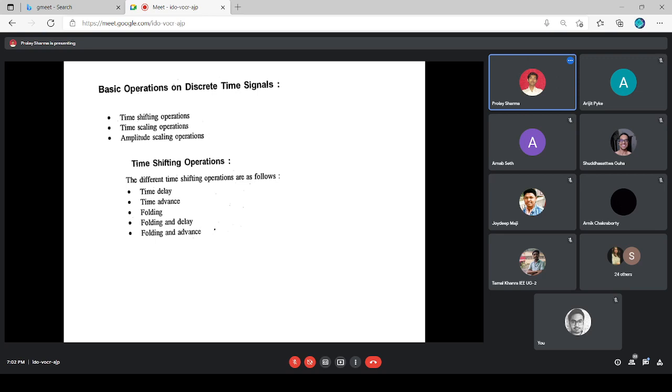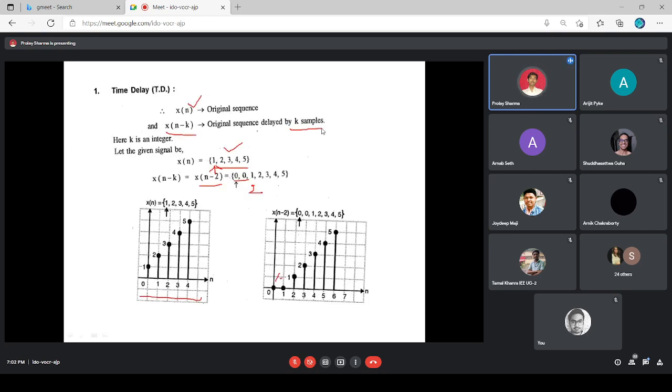We can magnify the signal. So different kinds of operation we can perform on signal. First one is the time shifting. Time shifting means signal can be delayed, signal can be advanced, signal can be folded, signal can be folded and delayed, signal can be folded and advanced. This type of operations we can perform.